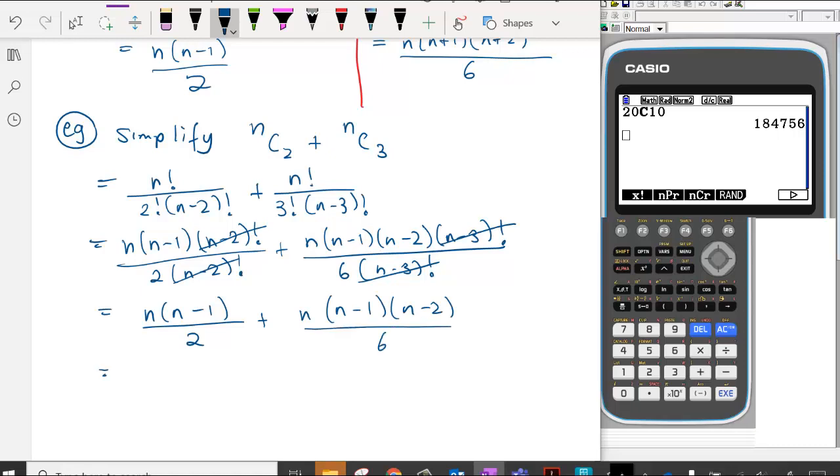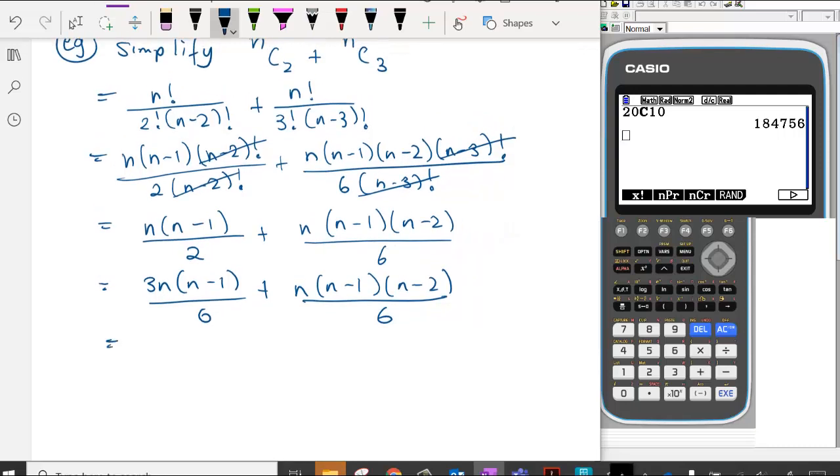If we want to get a common denominator, we need to multiply this first fraction by 3. So we've got 3n(n take 1) on 6, and n(n take 1)(n take 2) on 6. And that all comes together to give us 3n(n take 1) plus n(n take 1)(n take 2) on 6.